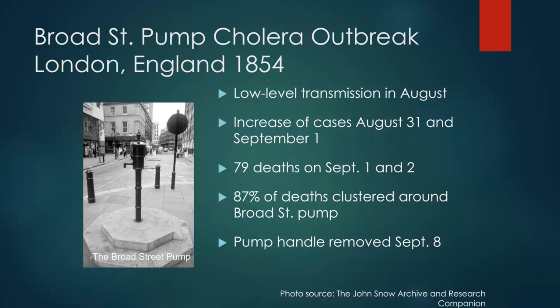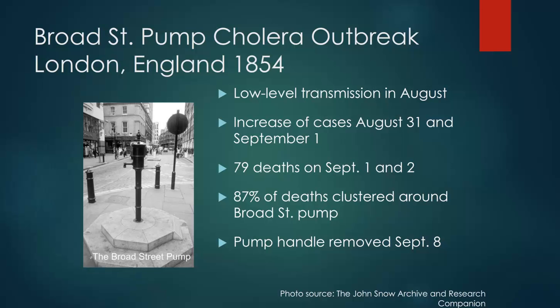So let's look at a simplified summary of how the outbreak and the corresponding investigation transpired. During the month of August in 1854, Dr. Snow noticed low-level transmission of cholera in Golden Square area of London. However, during the night of August 31st and through the day of September 1st, there was a marked increase in the number of cases and deaths.